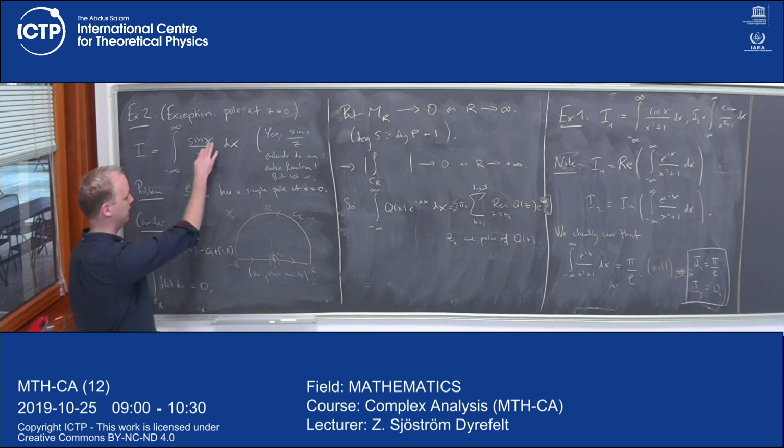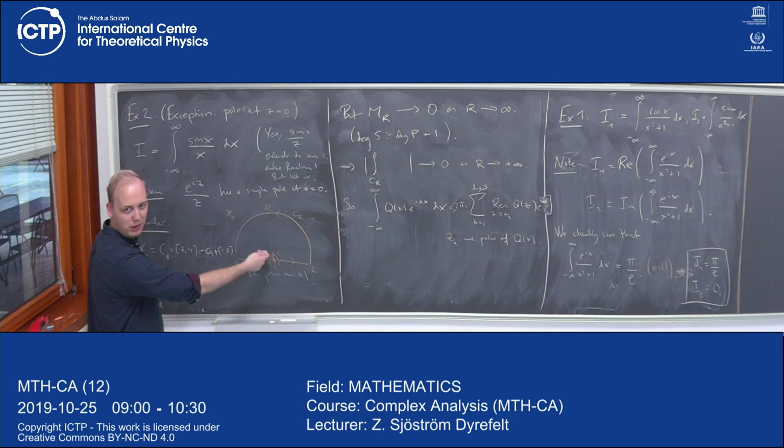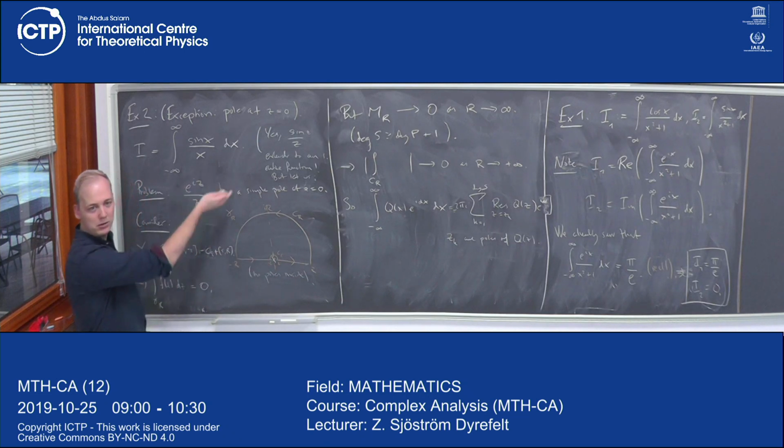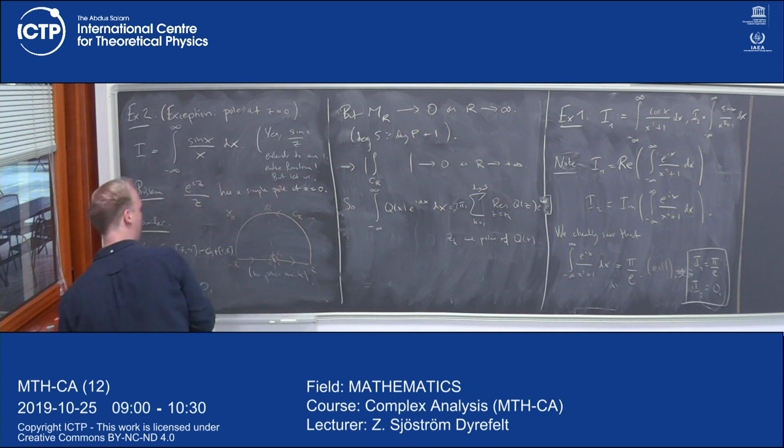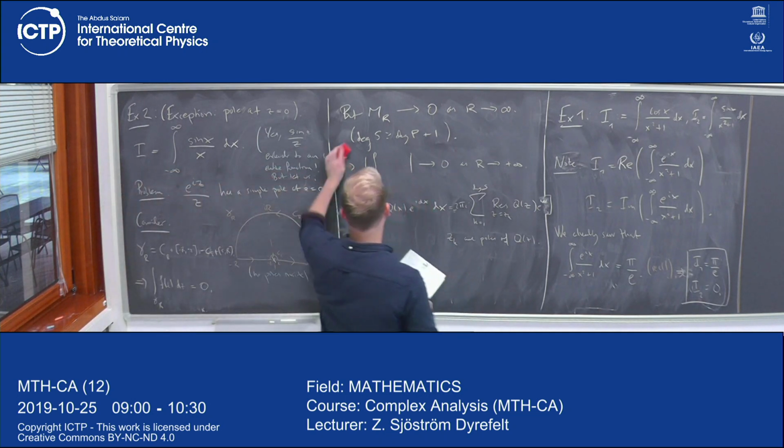So if we had integrated sine z over z, we could have done without this little thing. But now, with this one, we have to do a little lap around.